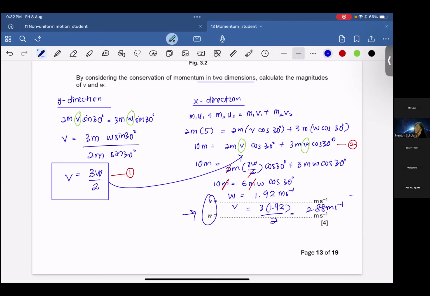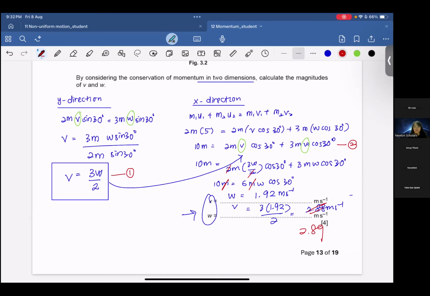W equals 1.92, yes. Then 2.89. Oh, then that means it's me. Two of you calculated 2.89. Maybe I did the calculation wrongly. Oh, maybe because I used 1.92, is it?